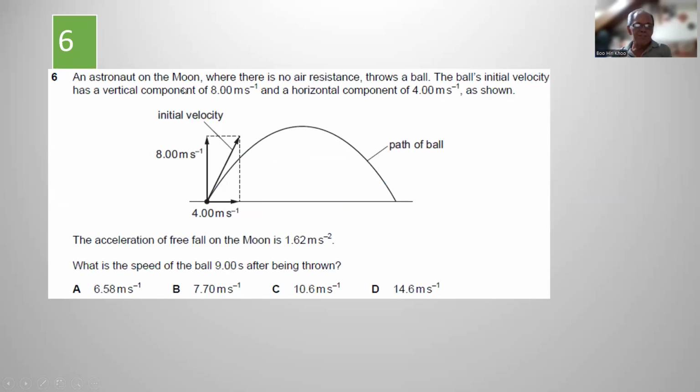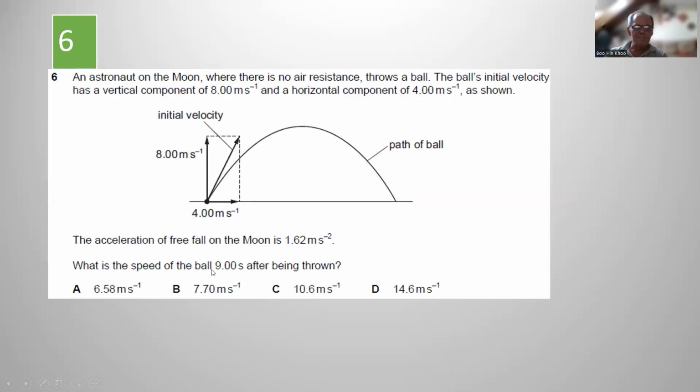An astronaut on the moon, where there is no air resistance, throws a ball. The ball's initial velocity has a vertical component 8 meters per second and a horizontal component 4 meters per second, as shown. The acceleration of free fall on the moon is 1.62 meters per second squared.